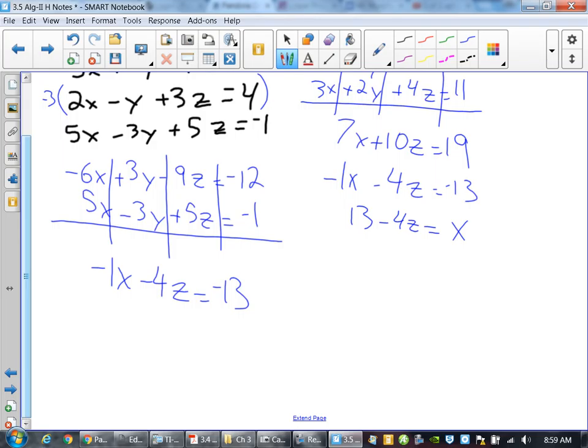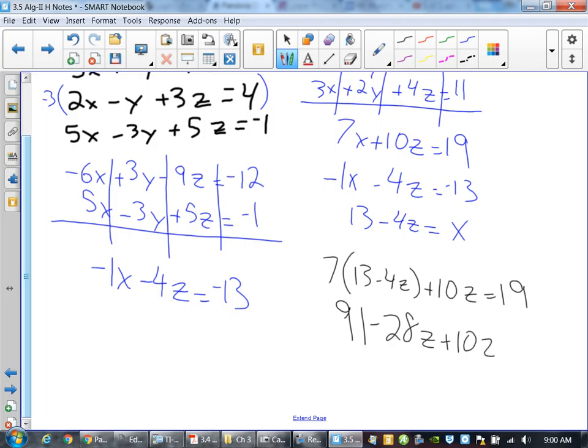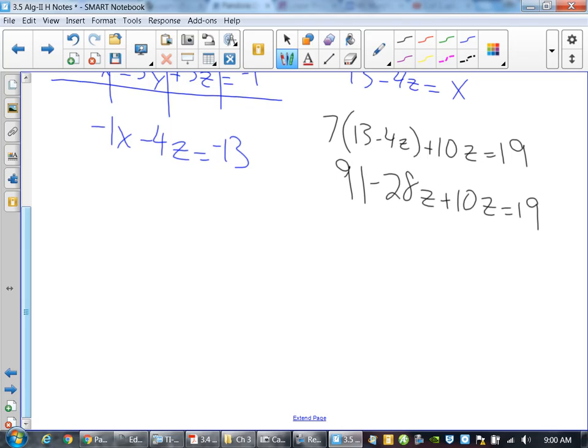So we get 7 times the quantity 13 minus 4z plus 10z is 18. Was it 91, 28... Oh, wait, where did I mess up?